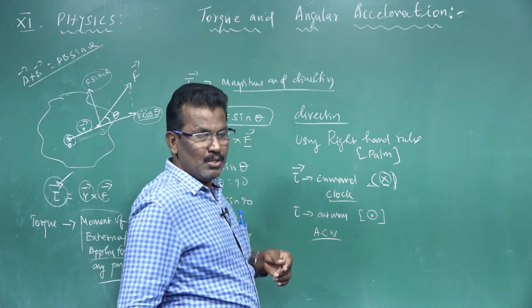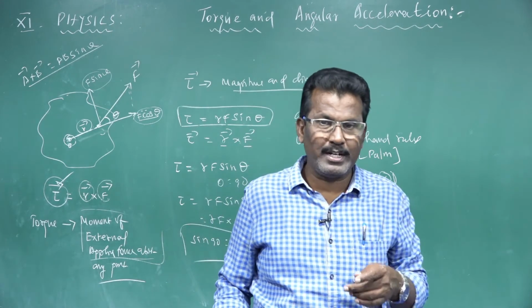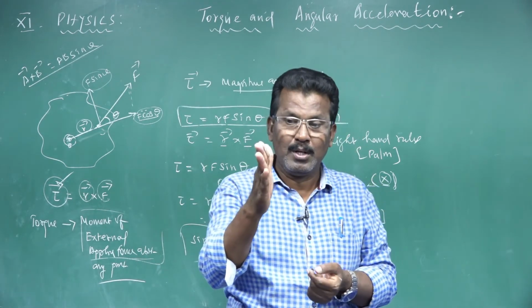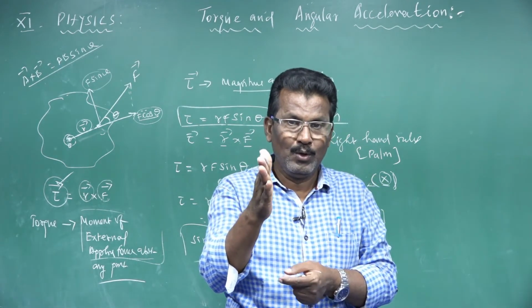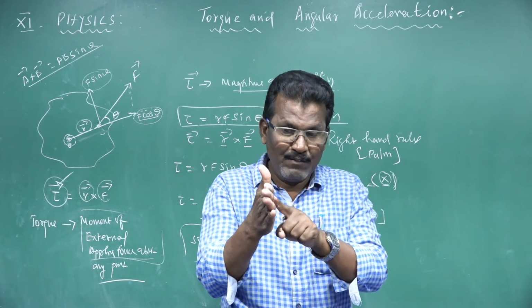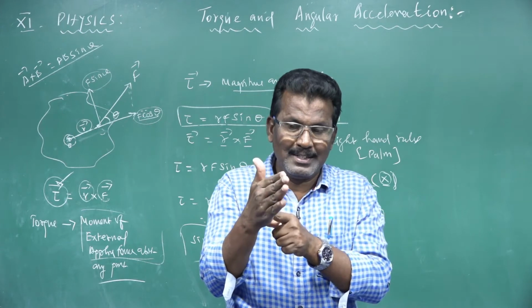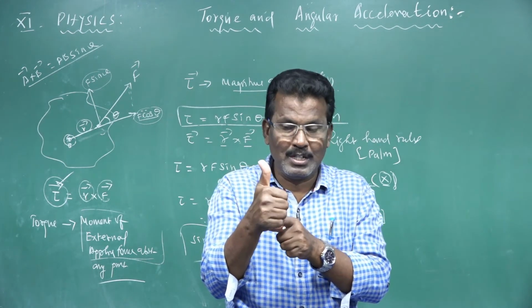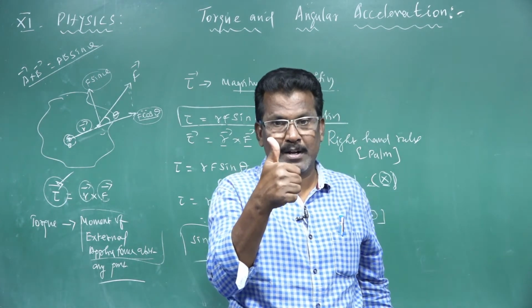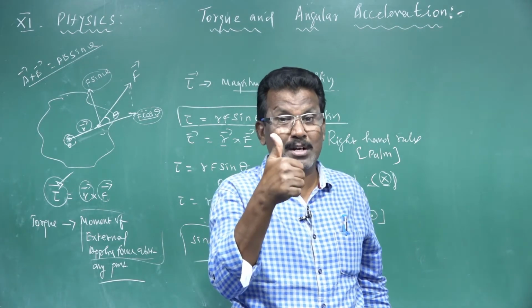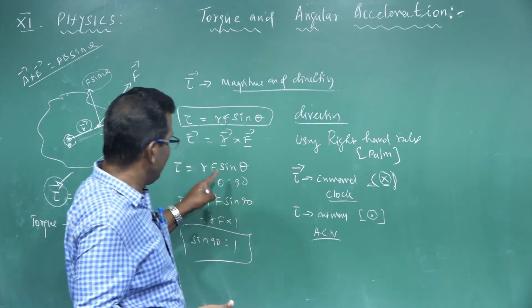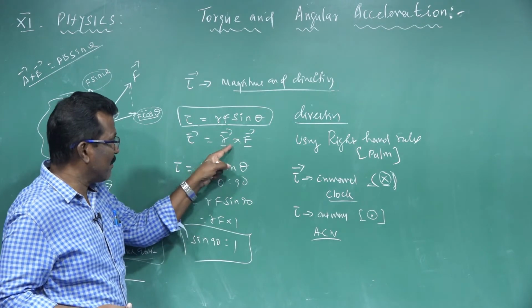So the direction of the torque can be determined with the help of the right hand thumb rule, that's a palm rule. The fingers show the position vector, the curling fingers show the direction of the force, and the right hand thumb shows the direction of the torque. So F vector and R vector are perpendicular to torque.